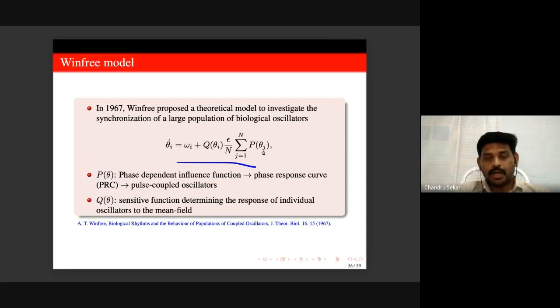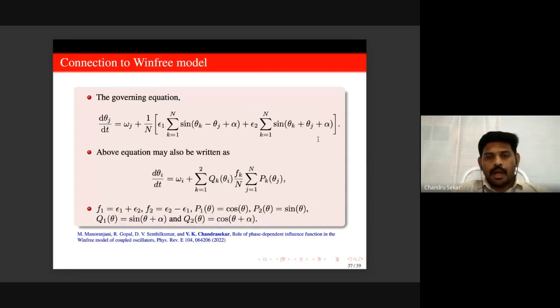That's why this model is called a pulse coupled oscillator. The phase dependent influence function is also called a phase response curve. While rewriting our equation, we identified this form.